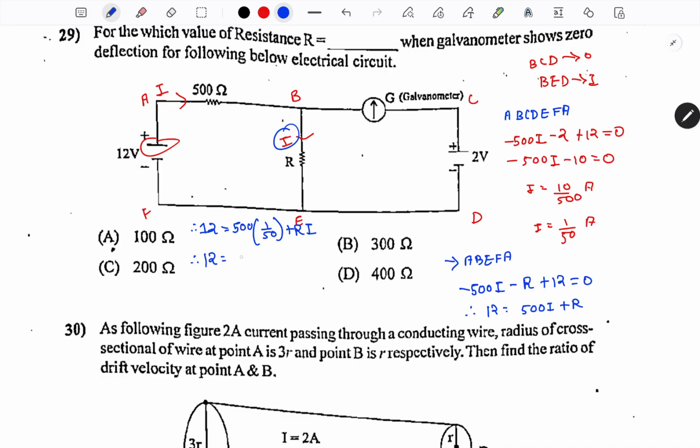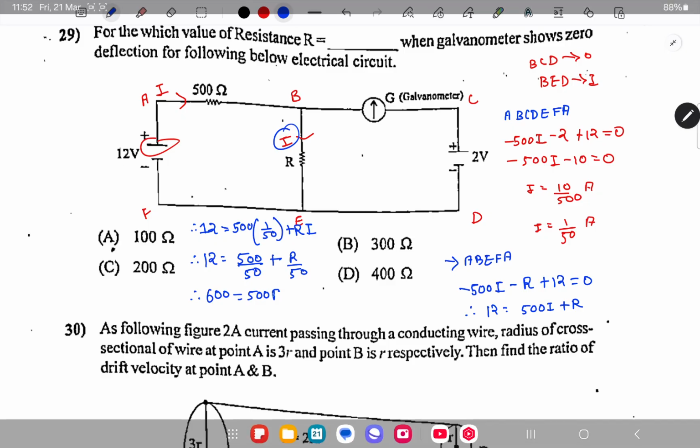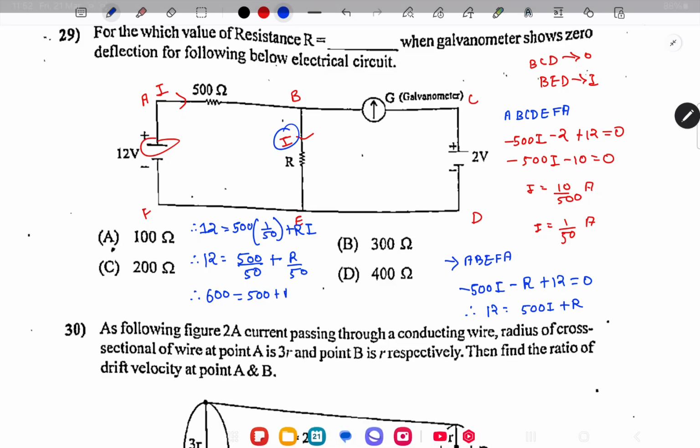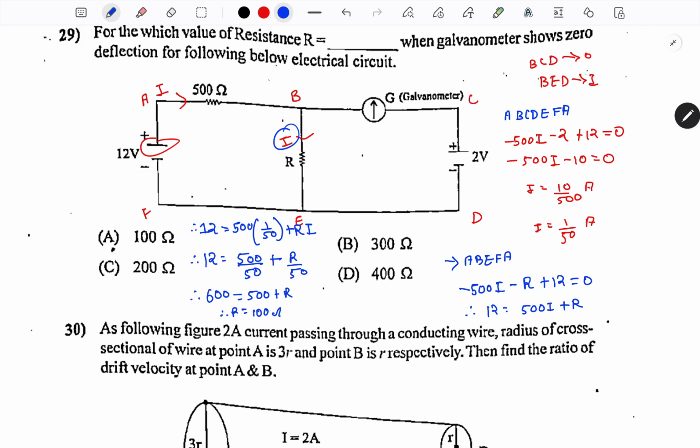Therefore 12 equals 500 by 50 plus I into R, and I is also 1 by 50, so this term is R by 50. So we can write 600 equals 500 plus R. Therefore R is equal to 100 ohm.